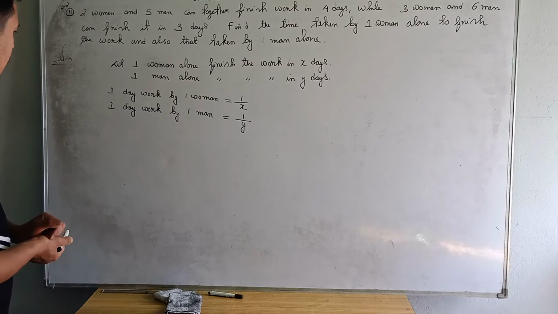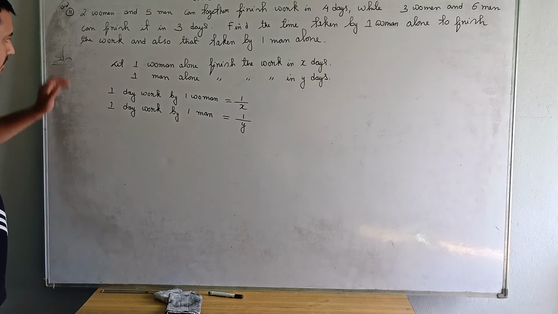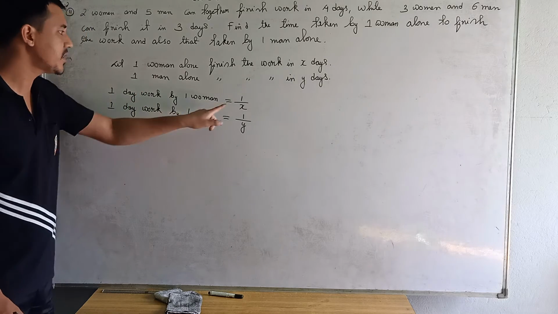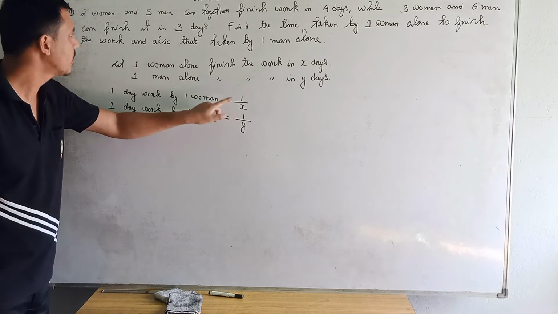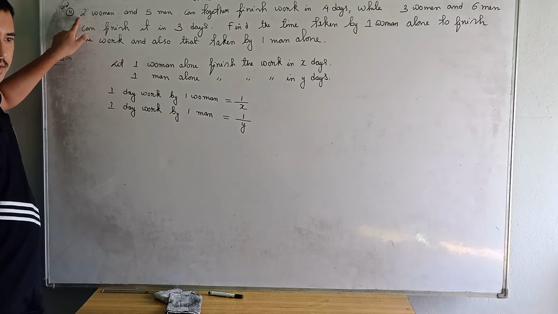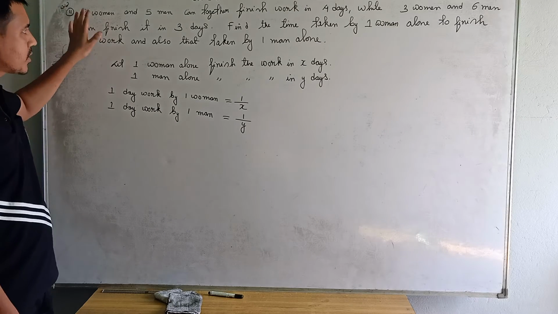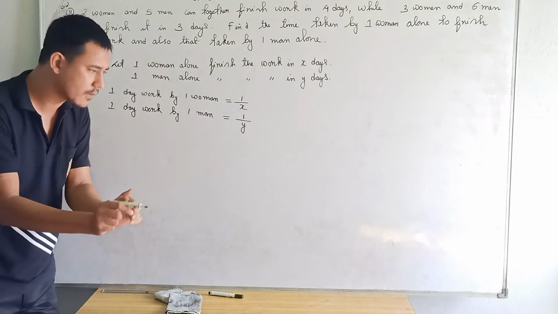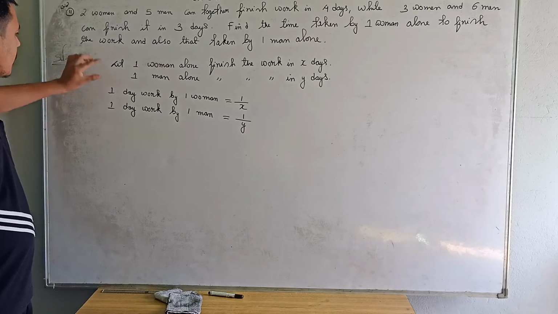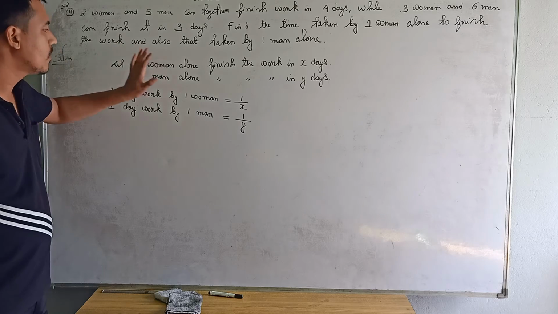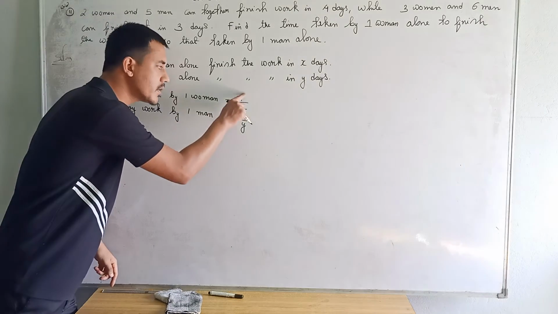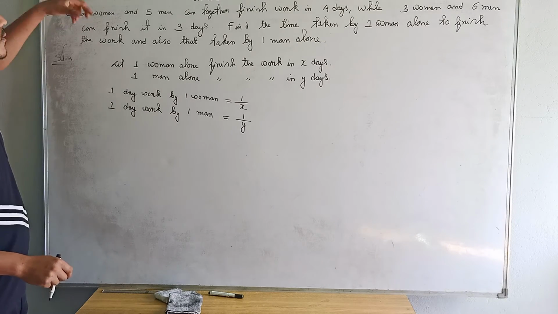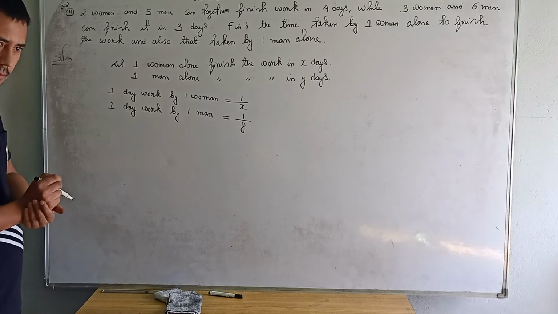Now see, in the first case, one woman in 1 day can do only this much work, 1 by X. If 2 women work together, we have to make sure those 2 women do an equal amount of work.